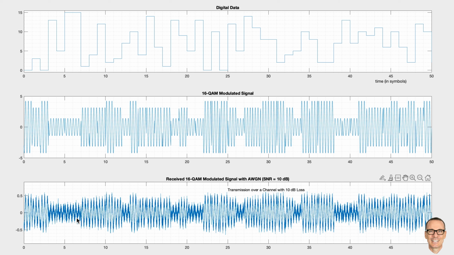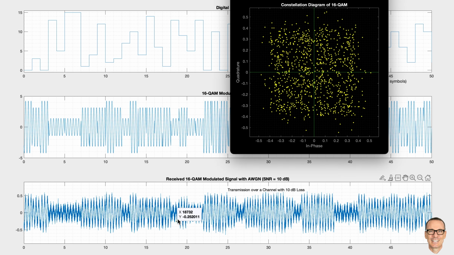There's still clearly a sinusoidal component there, and visually by looking at this, we should think probably it's not going to be too hard to tell between the different amplitudes and phases. However, looking at the constellation diagram, we can clearly see that this is not going to be the case.